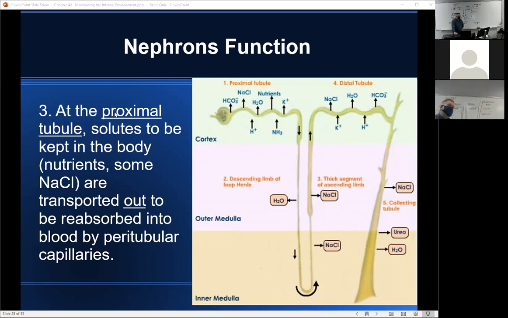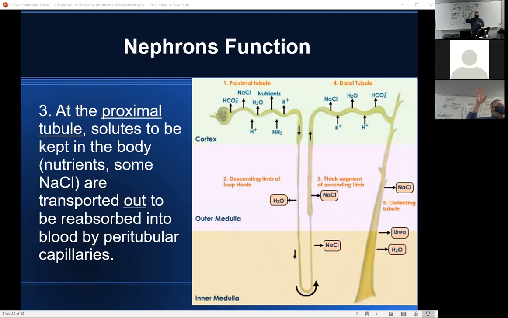Okay? So now at the proximal tubule, solutes to be kept in the body, nutrients and some sodium chloride, are transported out to be reabsorbed by peritubular capillaries. So what's happening here? Remember, at the glomerulus, all solutes were forced out non-selectively, both the bad stuff and the good stuff. At the proximal tubule, we're going to transport the good stuff back into the body.